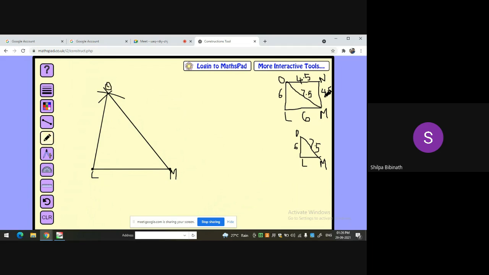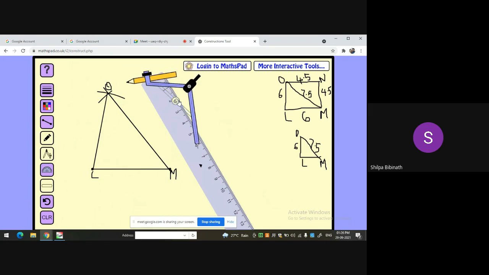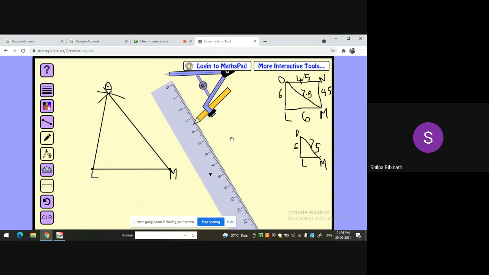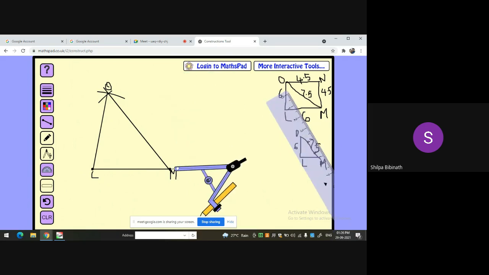Now what is given? MN is given 4.5, isn't it? So take 4.5, we got here 4.5. Okay, keep it at point M, and we'll draw an arc over here.